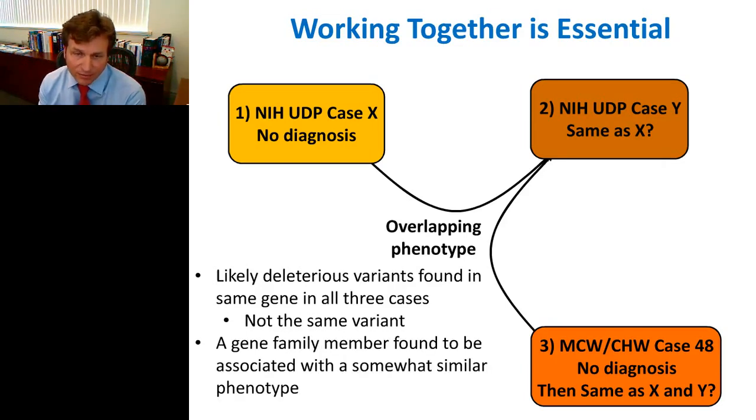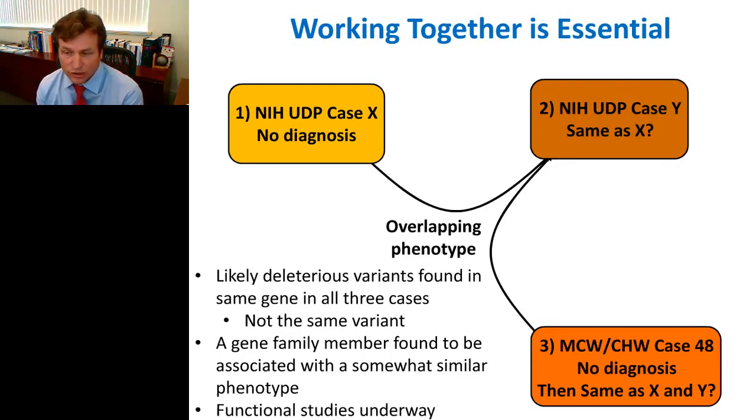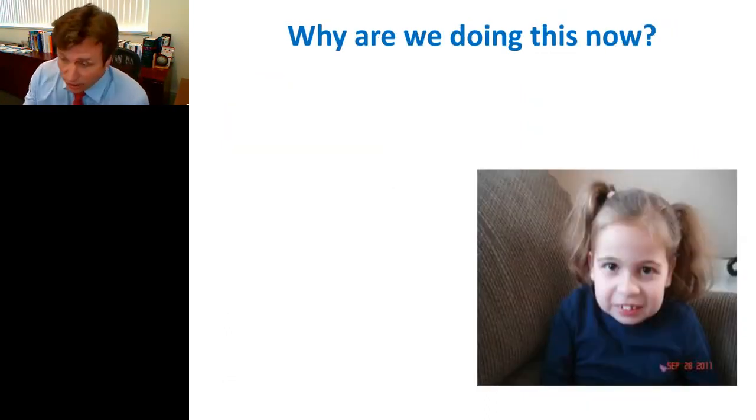So we've got to be thinking about this as a community. How do we share this data? And because of that, we've now had a diagnosis for case 48. It is probably not going to change our ability to treat case 48, but the family, again, has consolation in knowing what the diagnosis is and knowing what the disease process is. And the functional studies are underway, both at our place and at NIH.